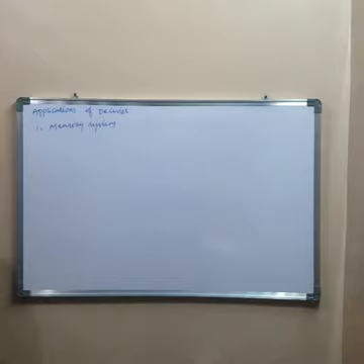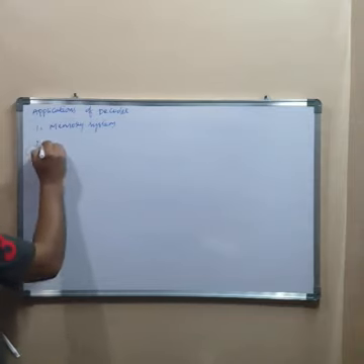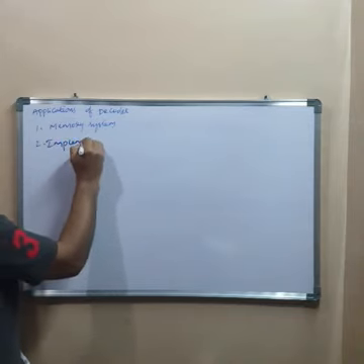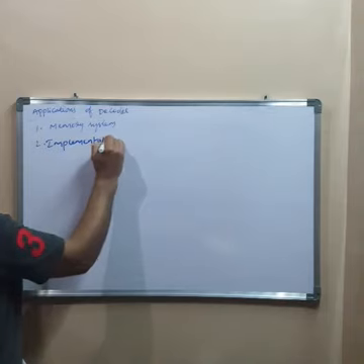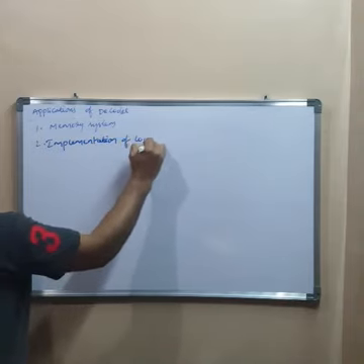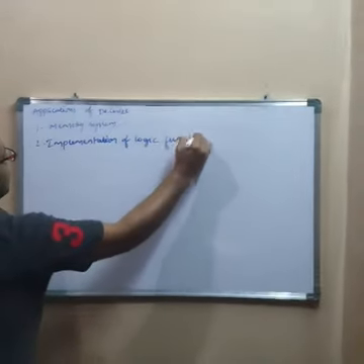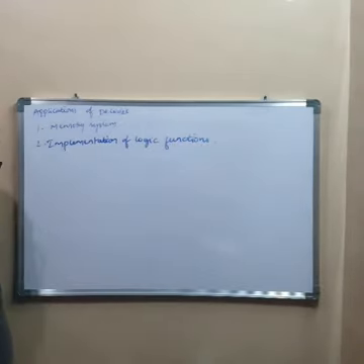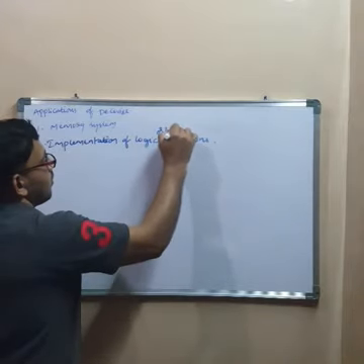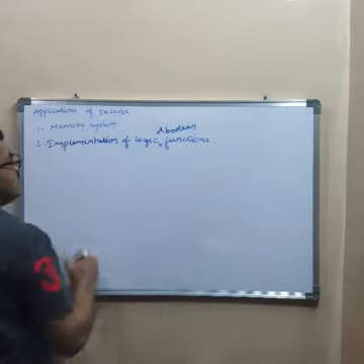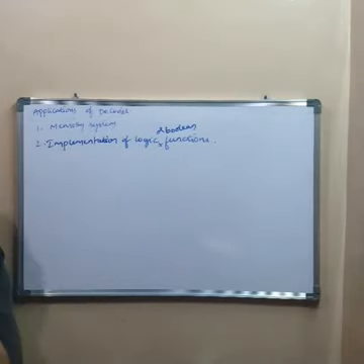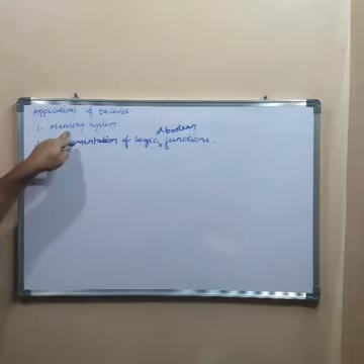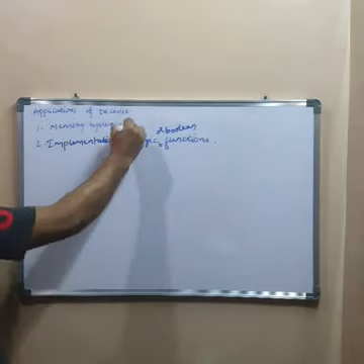Decoders are used in memory systems in order to decode the address in the memory. Next, implementation of logic functions. We can also use decoders for the implementation of logic or Boolean functions. In memory system, in order to decode the address, we use decoders. That is the first case.